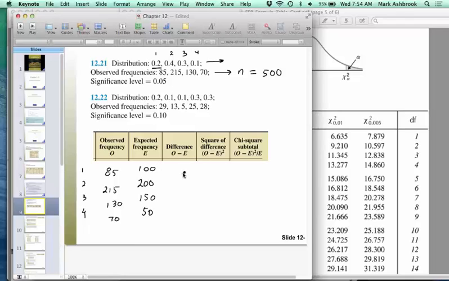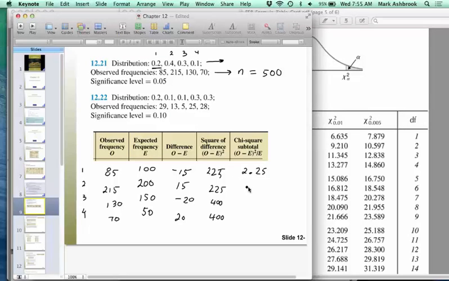We do O minus E. So let's do that. Minus 15, plus 15, minus 20, plus 20. And then we square those: 225, 225, 400, 400. Then we divide each of those by E. So check my math here, 2.25. What would that be?